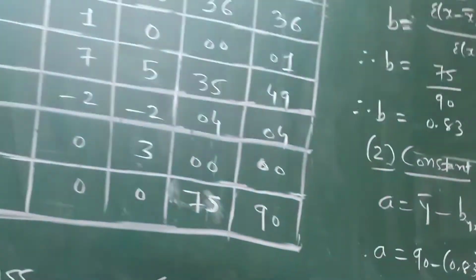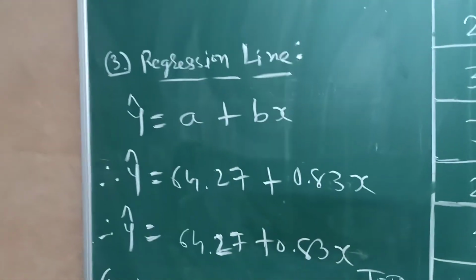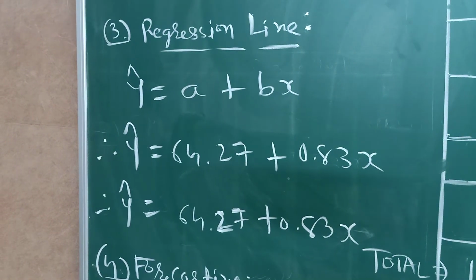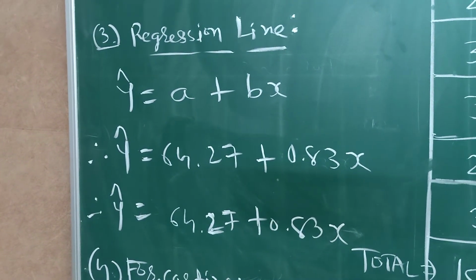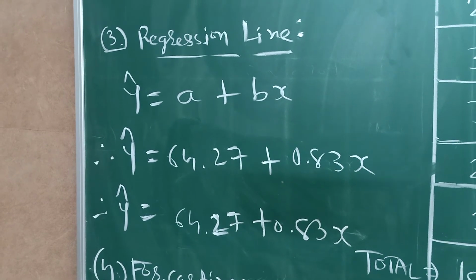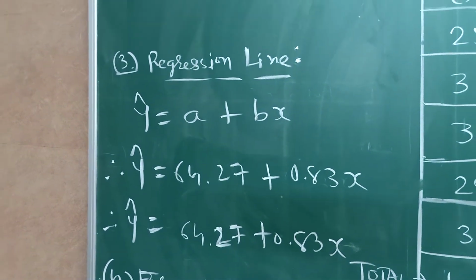After the constant, our third step is the regression line, that is y cap equals a plus bx. Then we got the regression line 64.27 plus 0.83x.